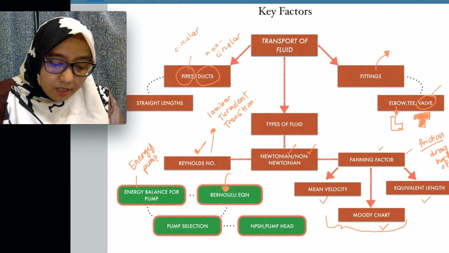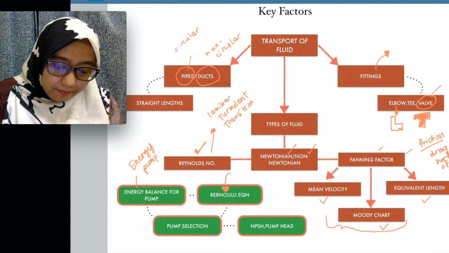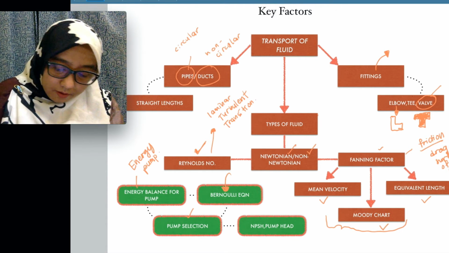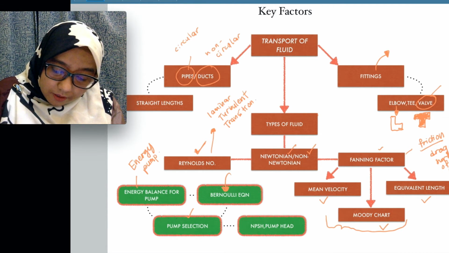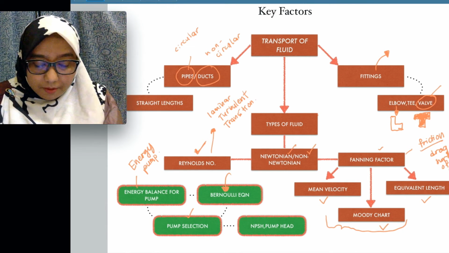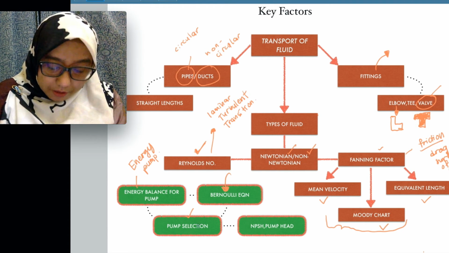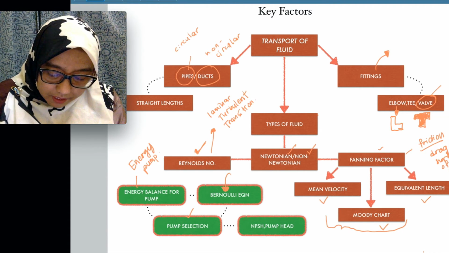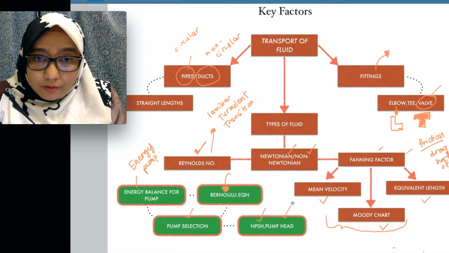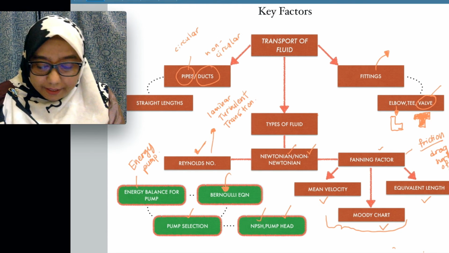Okay, once we got the energy for pump, then we can do pump selection or sizing, and a few important terms that relate to this pump selection are NPSH as well as pump head. Both we're going to describe further in the next slide.